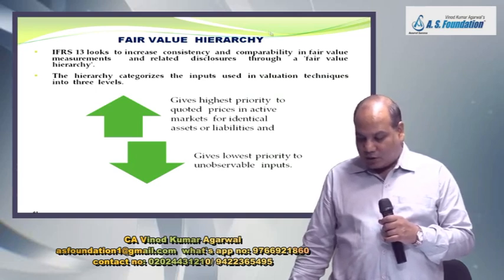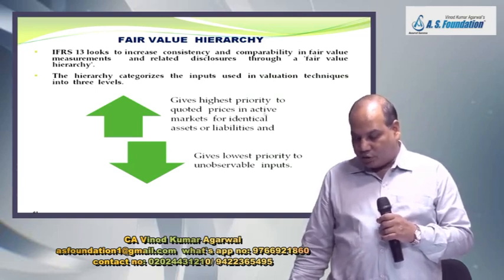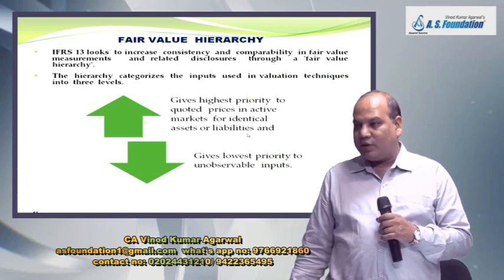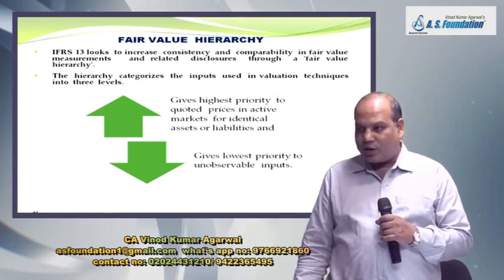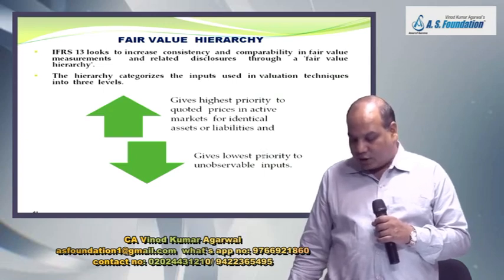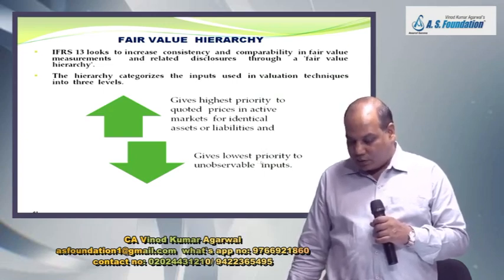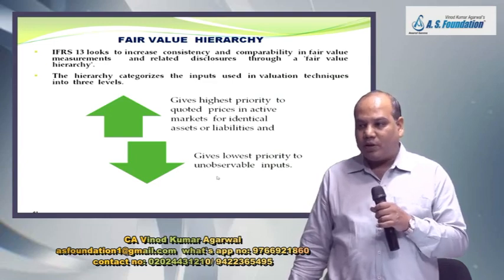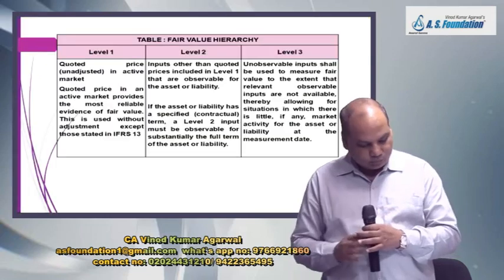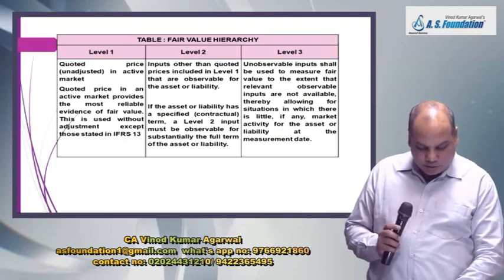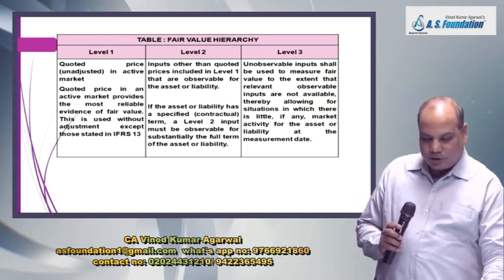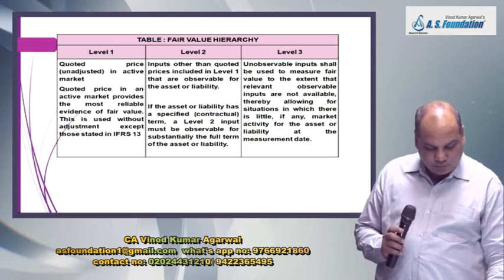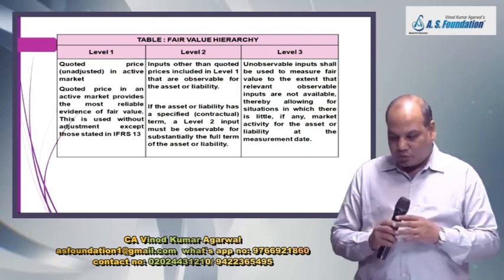Level 1 will be given highest priority because they are the quoted price in an active market, and level 2 will be given next priority, and the least priority will be given to level 3 because level 3 deals with unobservable inputs. Okay, so now there is a comparison chart drawn between level 1, level 2 and level 3 inputs.